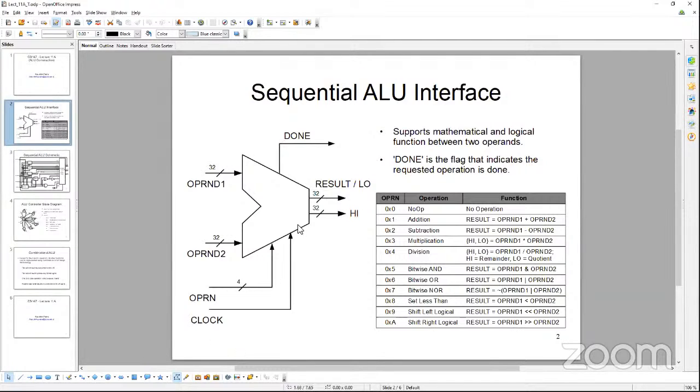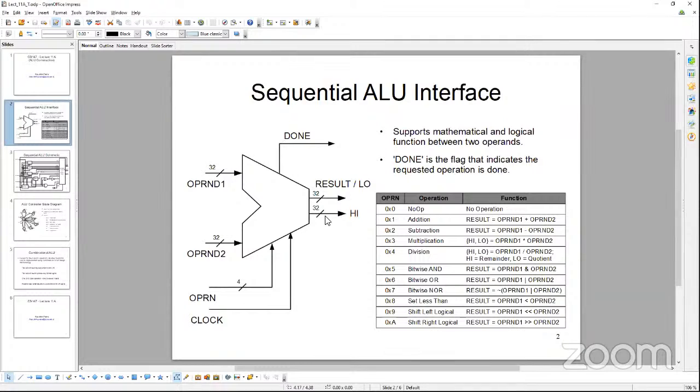In that sense, this whole ALU picks up a clock, and definitely it has a reset or preset signal so that we can start with a specific state of this ALU. Like the combinational ALU, it picks up two operands of 32 bits each, let's assume that. And it has two 32-bit outputs to cater to the 64-bit result, like a multiplication result, or a division result, where we have two results, remainder and quotient.